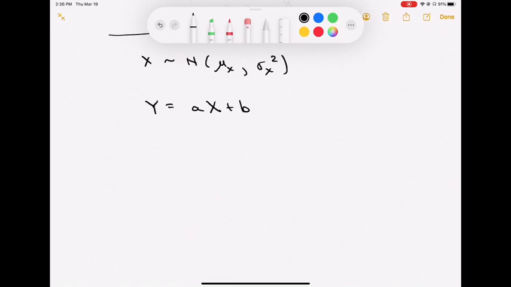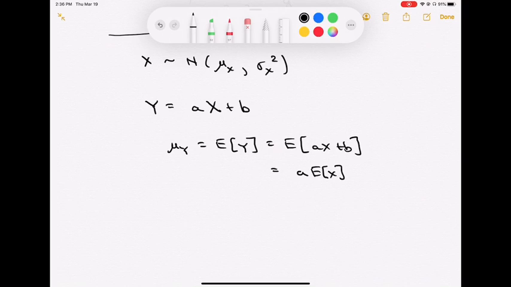One of the things we said was that mu_Y, which is the expected value of Y, is the expected value of aX plus b. We know how expectation works. That's going to be a times the expected value of X, plus the expectation of a constant b, which is just that constant. That gives me a mu_X plus b.